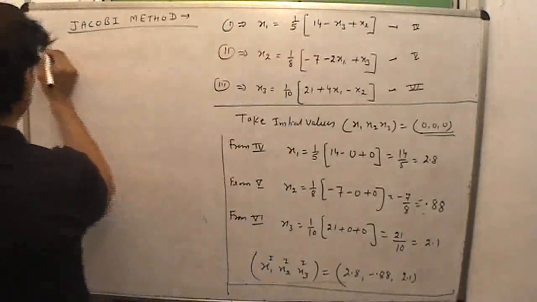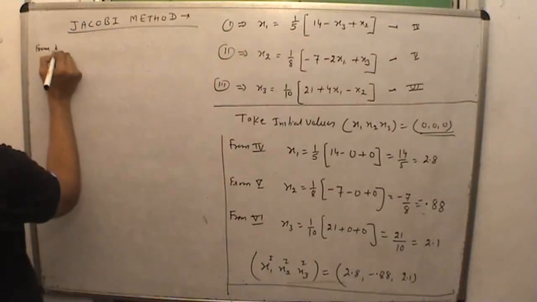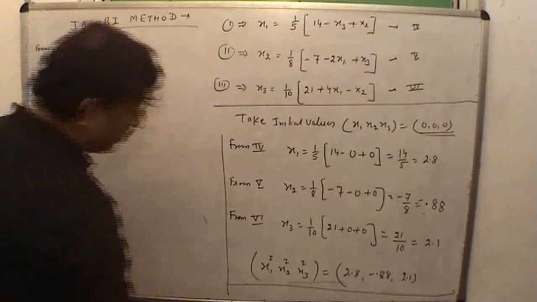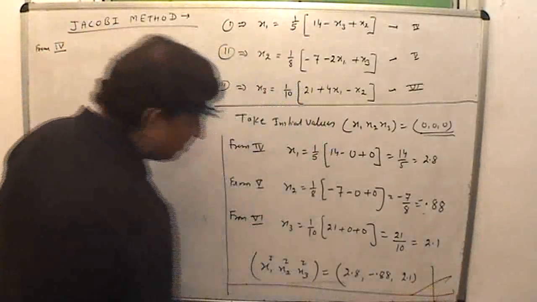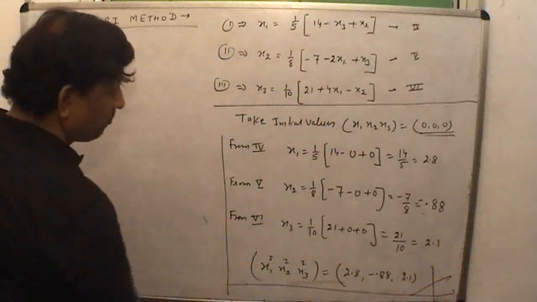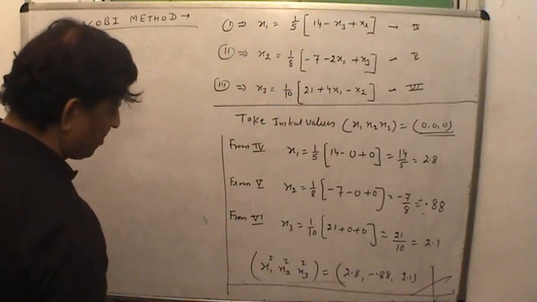Again from 4, we consider these values which we got in the first iteration.